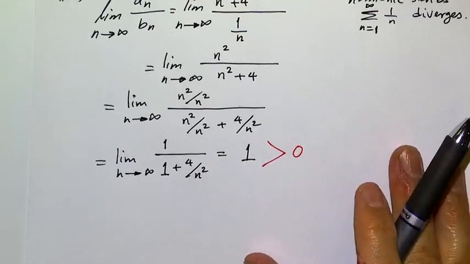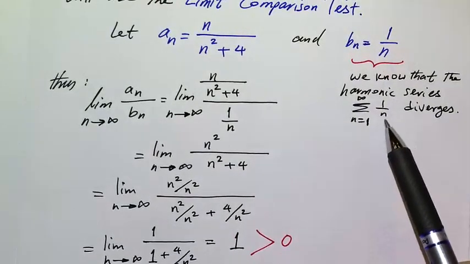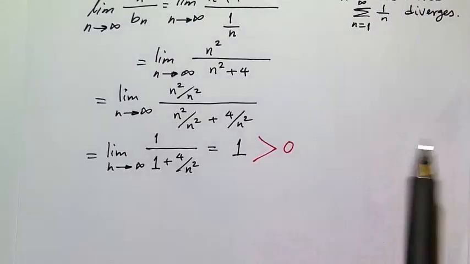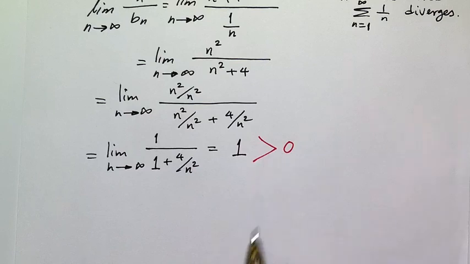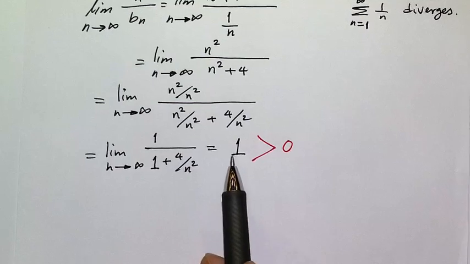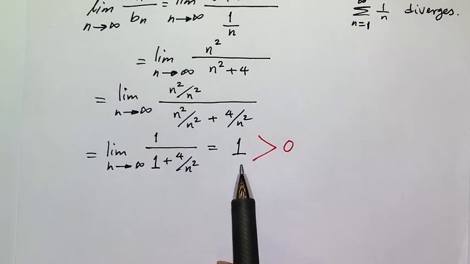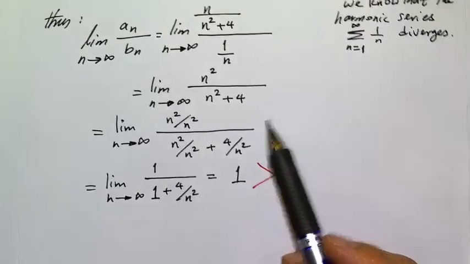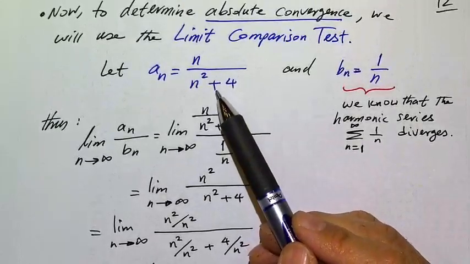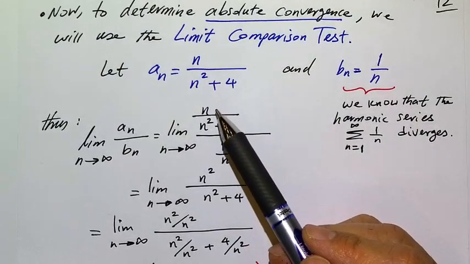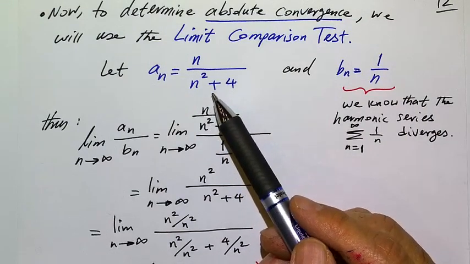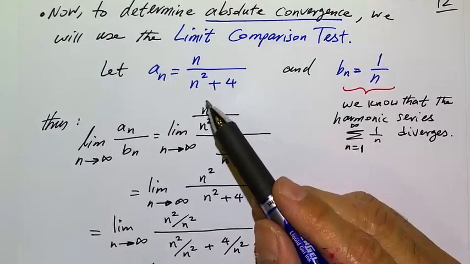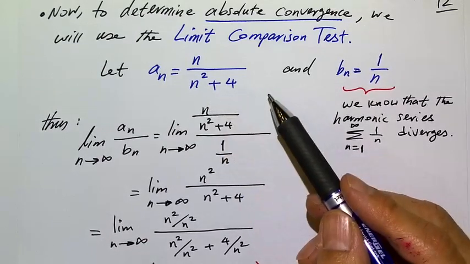So the series that we picked was the harmonic series, and we know that it diverges, and this quantity is greater than 0. By the limit comparison test, we know that the other series that we were testing is also divergent, or, to use the phrase more relevant to our problem here, not absolutely convergent.